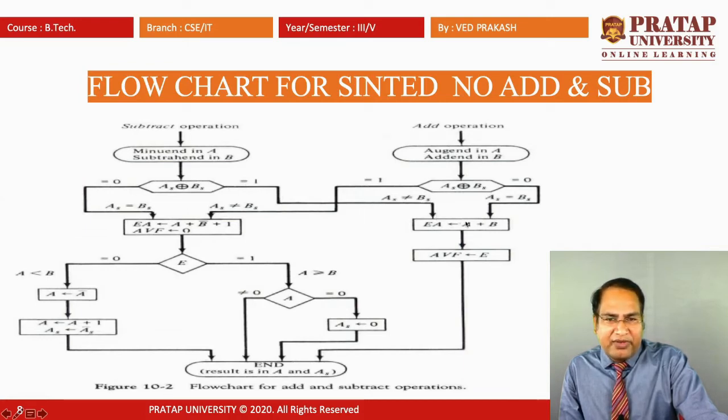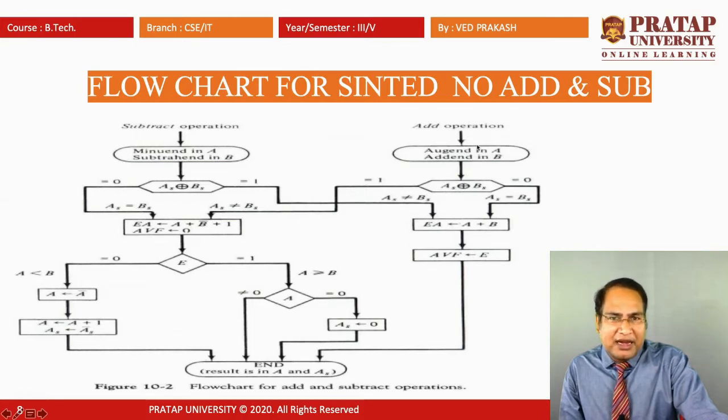In the addition, we add the contents of A and B, and if an extra carry is generated, it is shifted into E, and we set the overflow flip-flop with the value of E, and the final result is given by A and AS.